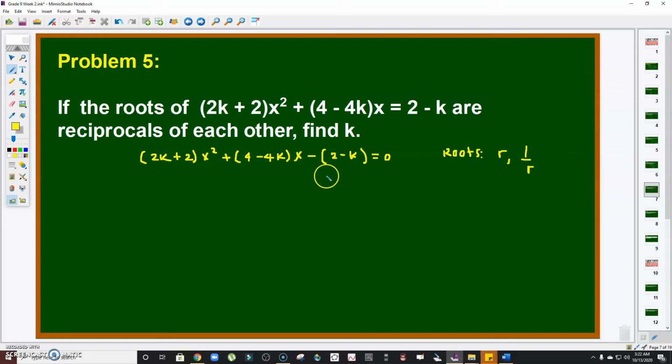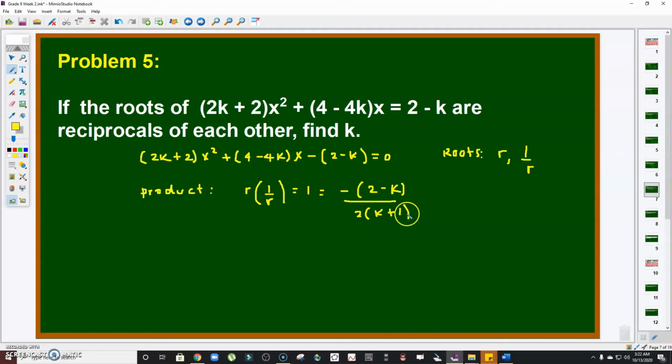See that? Okay. So, now, anong pwede natin gawin? So, yung product, let's get the product. So, yung product natin, r times 1 over r, which is equal to 1, that's equal to this over this one. Right? So, that's equal to negative of 2 minus k all over, factor out ko na yung 2, k plus 1.